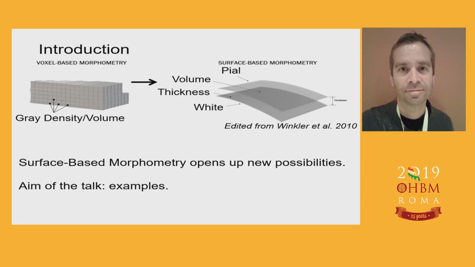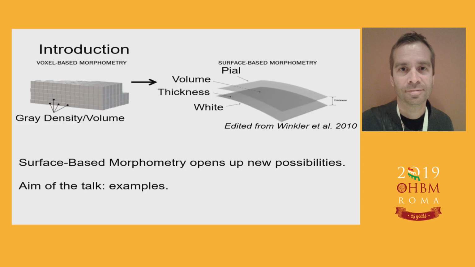This technique allows for the quantification of gray matter density or gray matter volume at the voxel level. This methodology has been used a lot in clinical studies, looking at case control designs, or looking at the relationship between these voxel-based measurements and, for example, symptom severity.